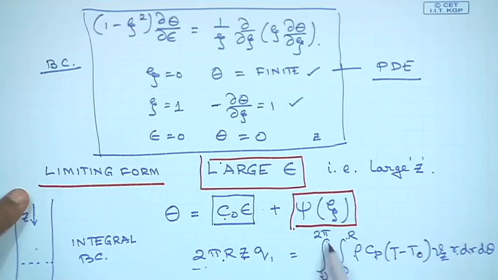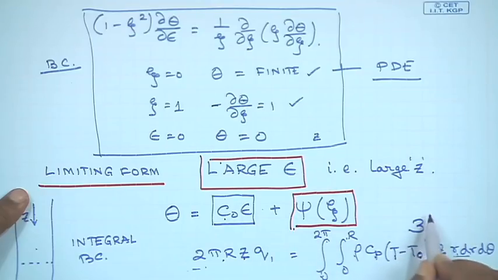So, the double integral here gives the volume of the system multiplied by rho, which gives you the mass of the system. So, it is m dot Cp and T minus T0, where T0 is the reference temperature. Whatever heat is added through the side walls must be manifested by a change in the internal energy content of the flowing fluid.